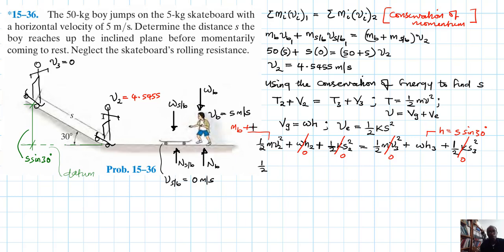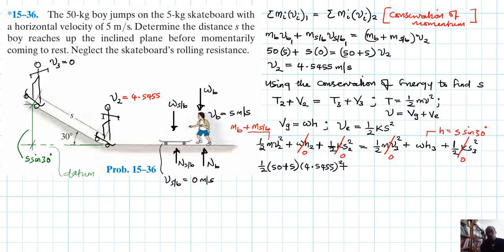So this is just going to be equal to 50 plus 5. Then v is what we just calculated, v2 equals 4.5455, squared.